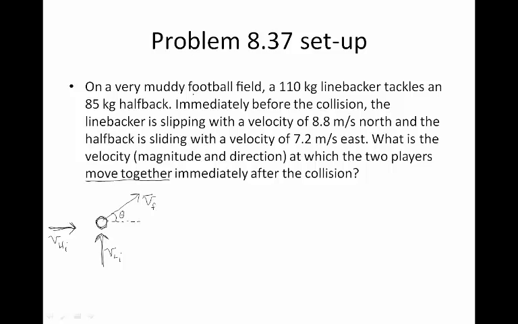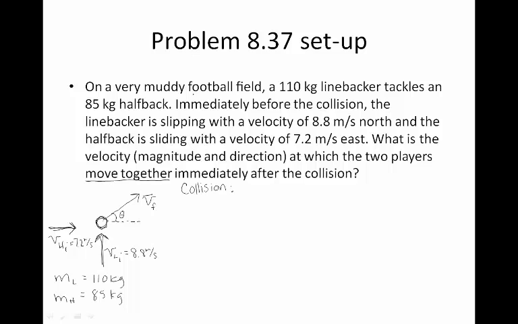Alright, so things that we know. The linebacker's initial velocity is 8.8 meters per second. The halfback's initial velocity is 7.2 meters per second. The mass of the linebacker is 110 kilograms. The mass of the halfback is 85 kilograms. So collision type, that's the first thing we want to identify.